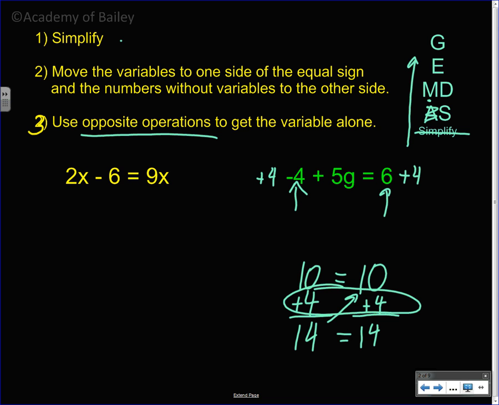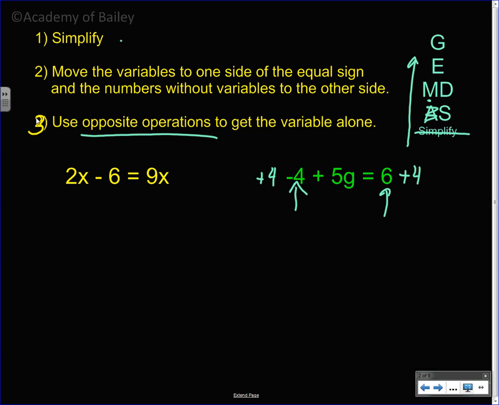You see, we've done the same thing to both sides of the equal sign. So, if you're looking here, here's the equal sign. We've added 4 to the right side. We've added 4 to the left side.